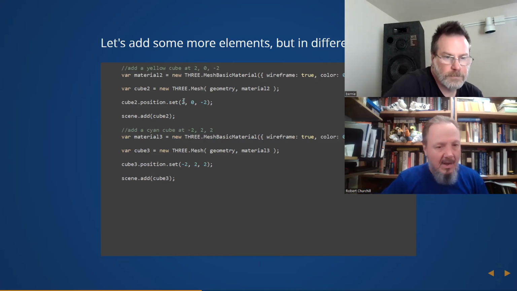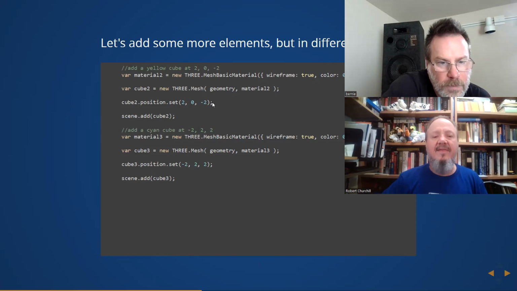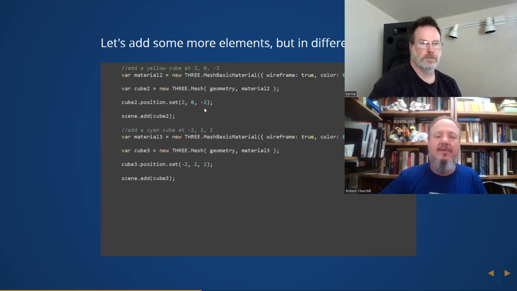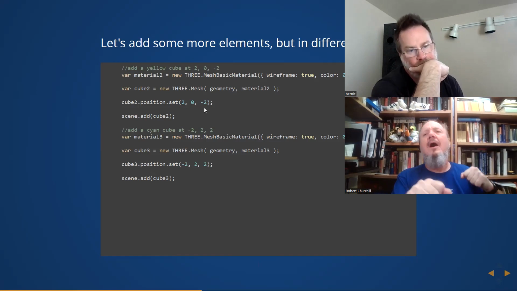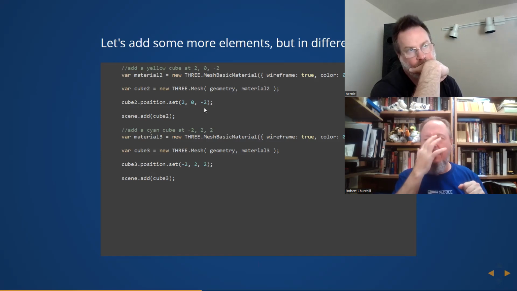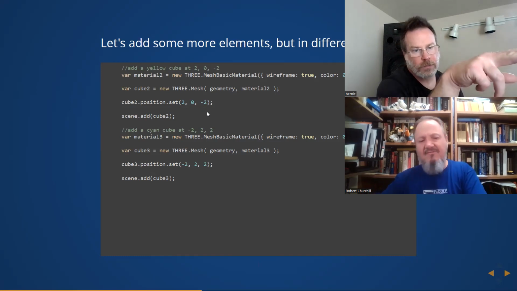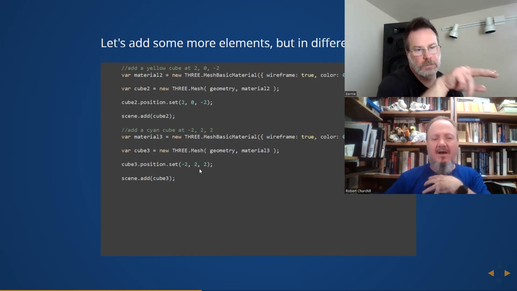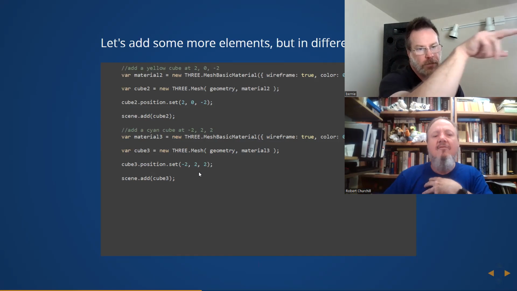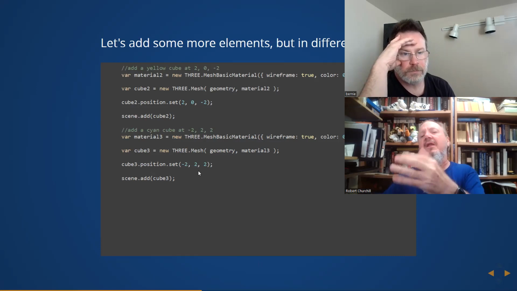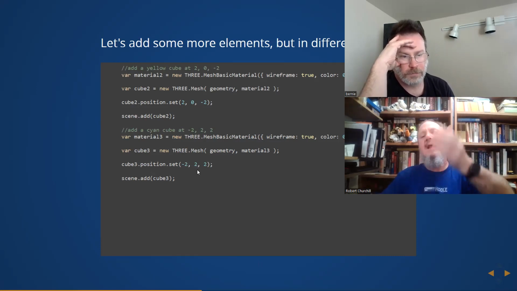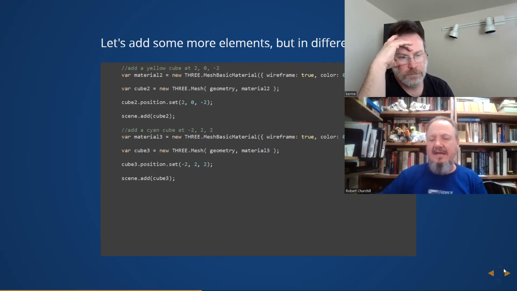And one will put 2 on the X and -2 on the Z, so it'll be back and to the right of the original cube on the level of the grid, and the other one will be floating above the grid in the other direction, in front and above and to the left of the cube.